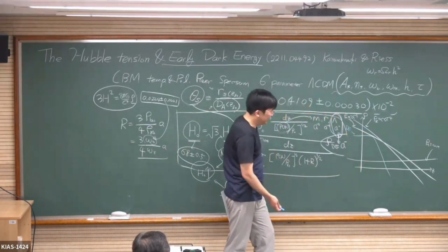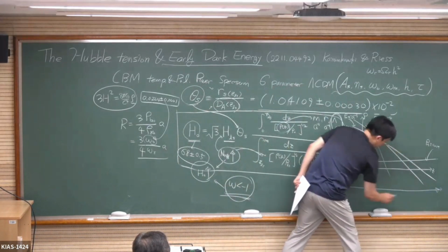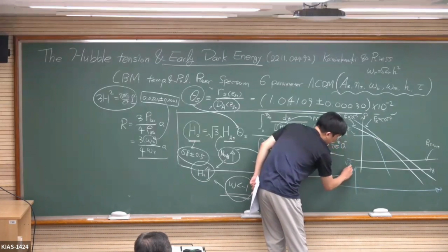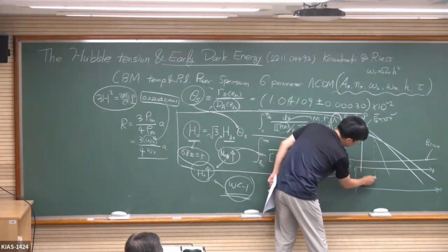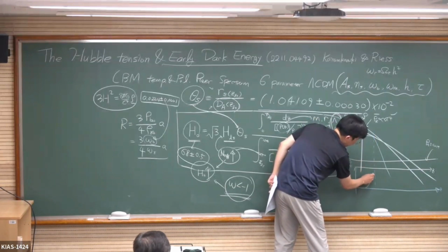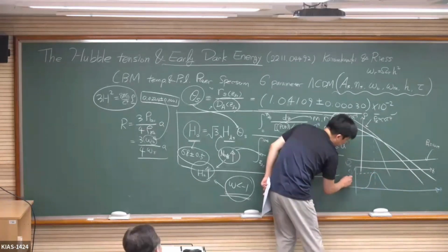So in terms of the density parameter, omega of early dark energy is negligible early on. It rises and then falls, then is negligible for the rest of cosmic history.